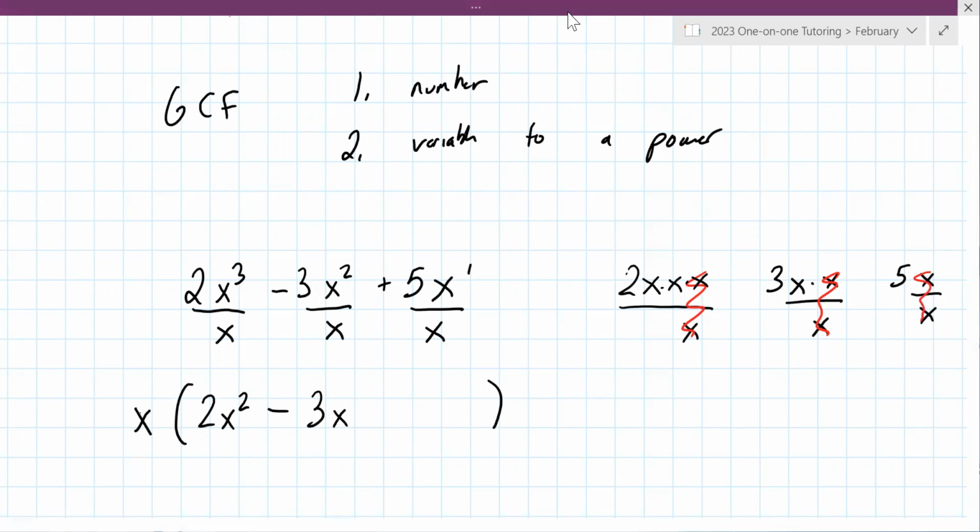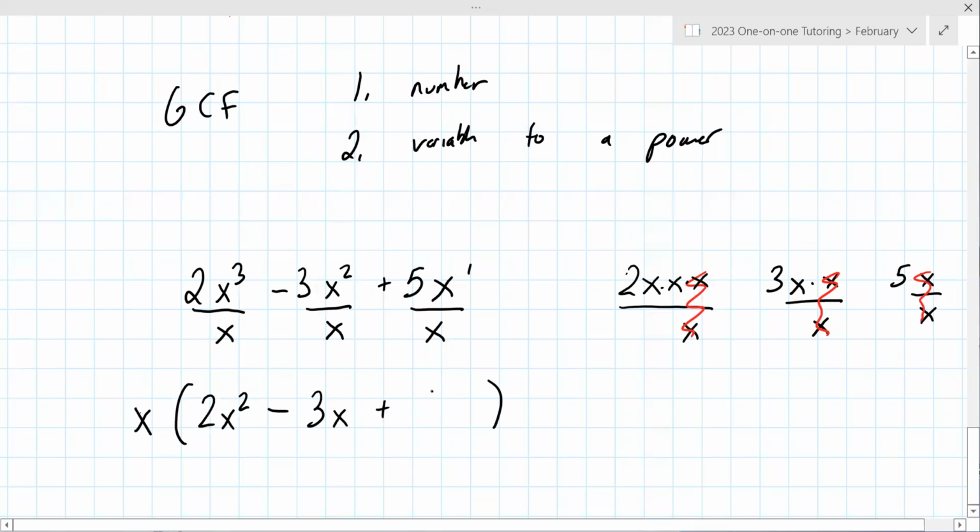So plus 5. Now, do you remember that there's really a 1 in each of these positions? What is 3 minus 1? Or 3 minus 2. 1. How about 2 minus 1? 1. So do you see that you subtract the exponents to get the result down here? Okay, that's a little bit of a shortcut there.